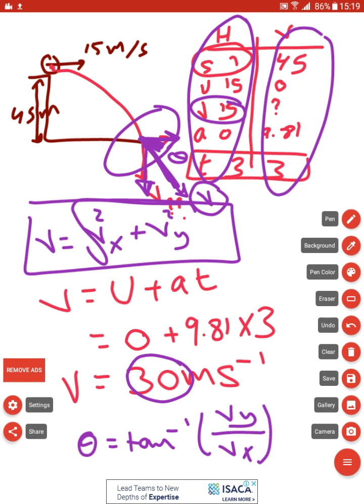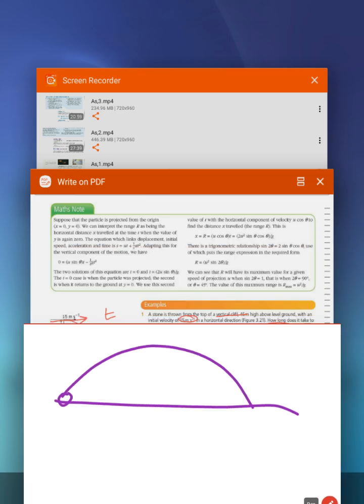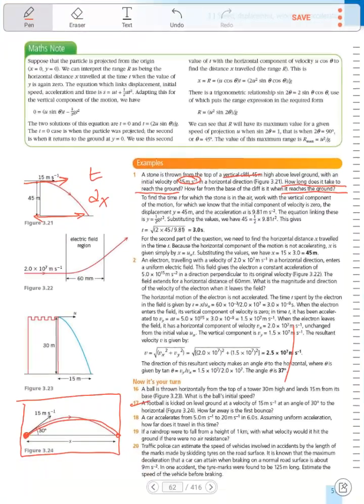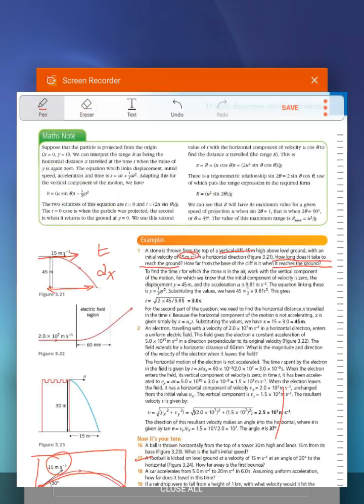So two dimension, the ball is kicked like this, by a speed of 15 meters per second at an angle of 30 degrees to the horizontal.